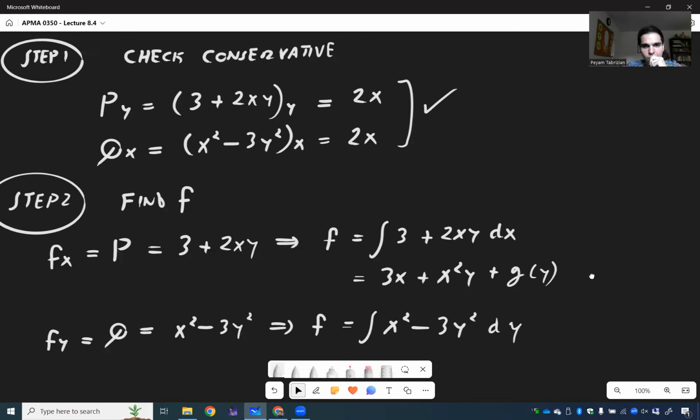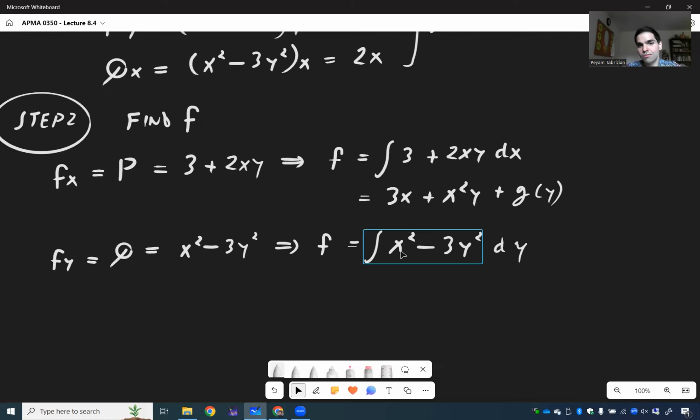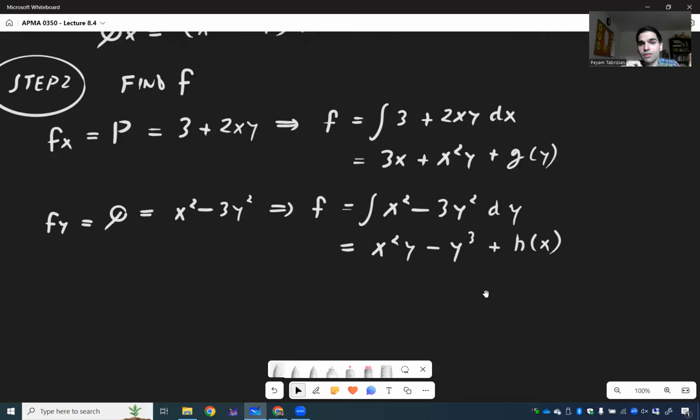Basically, treating x squared as a constant with respect to y, it becomes x squared y, and then minus y cubed, plus a constant with respect to y, so any function of x. If you want, you can just leave it like that.